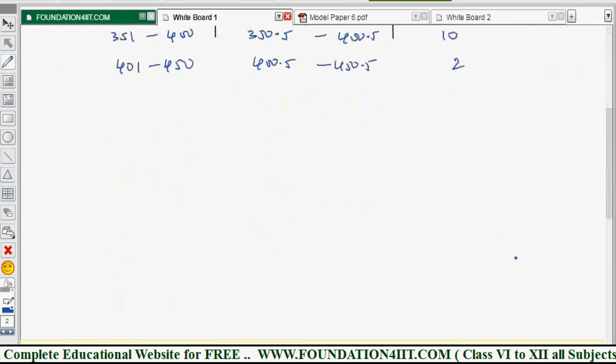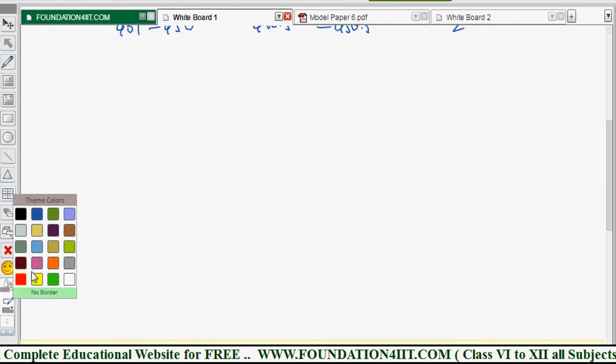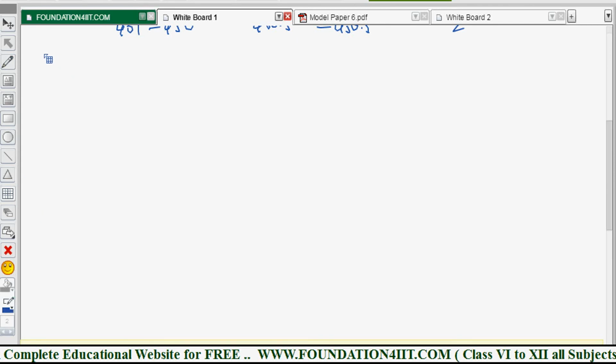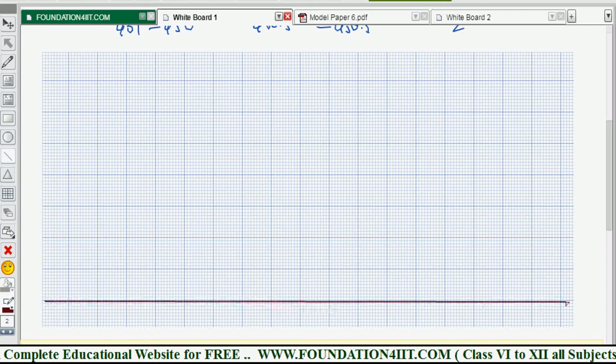So let me take the graph and we'll do this. In the graph paper only we can represent this. X-axis and y-axis. We should take the x-axis horizontal and y-axis vertical.